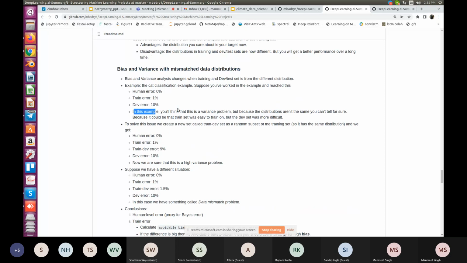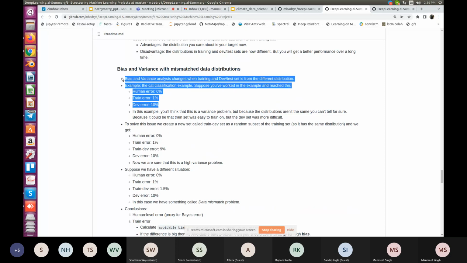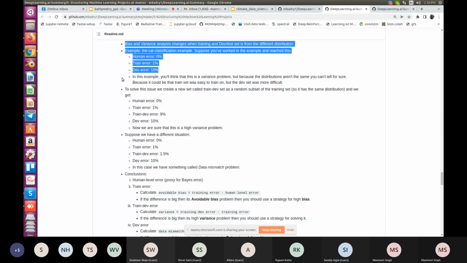In this example, you'd think this is a variance problem because your training error is much lower and your dev error is higher. So your model is maybe overfitting. That's what you might think. But because the distributions aren't the same, you can't tell that for sure. It could be that the training set was easy to train on, but the dev set is more difficult. It might not entirely mean that you're overfitting on your training data.